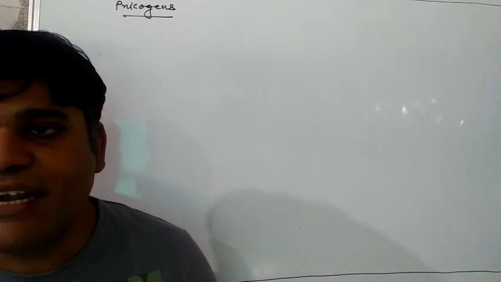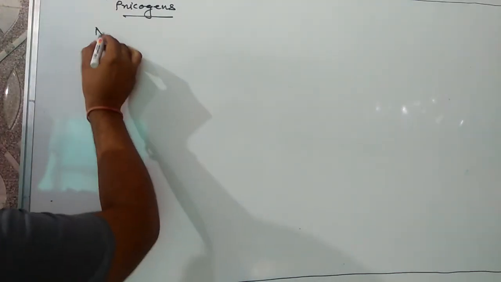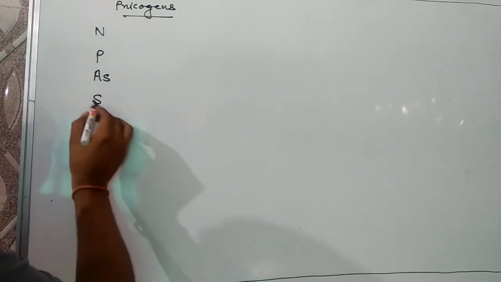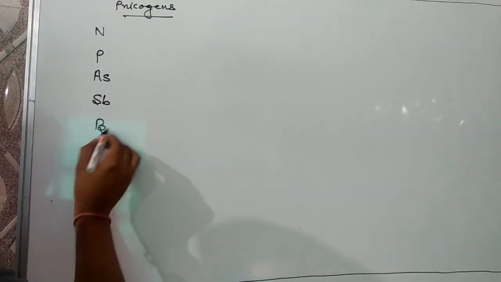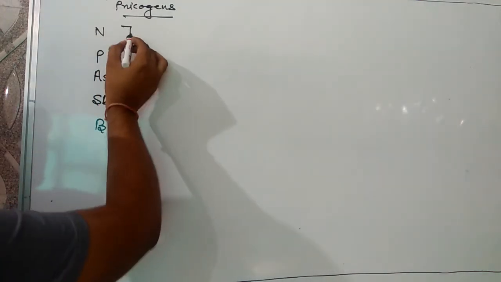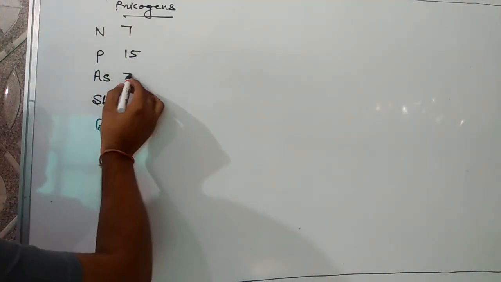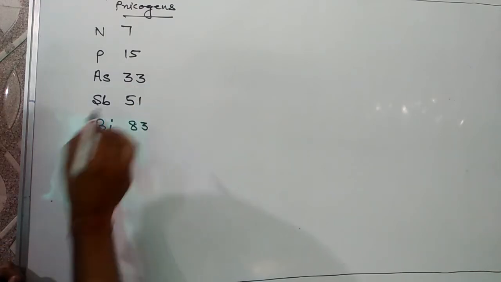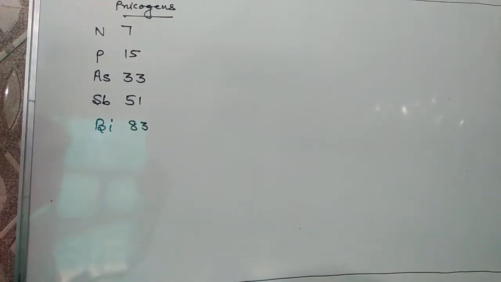These are 5 in number: nitrogen, phosphorus, arsenic, antimony, and bismuth. Atomic numbers are 7, 15, 33, 51, 83.